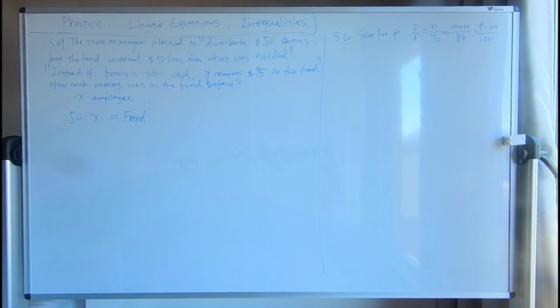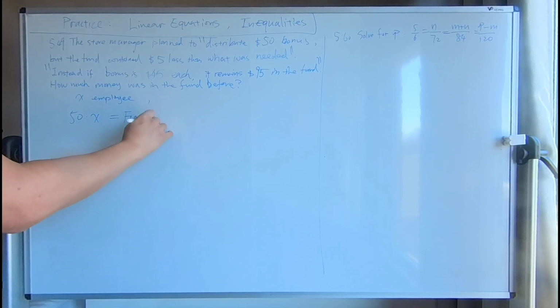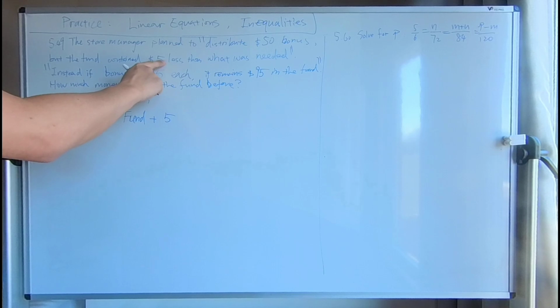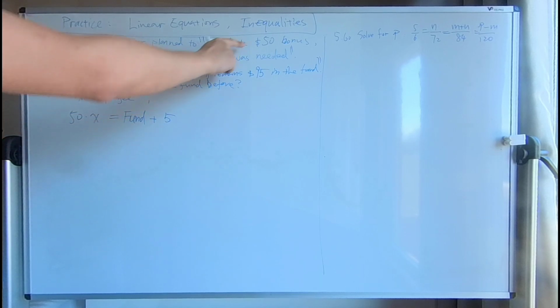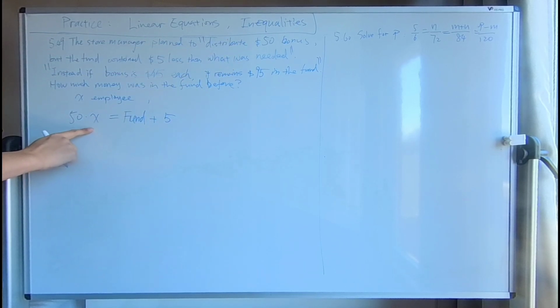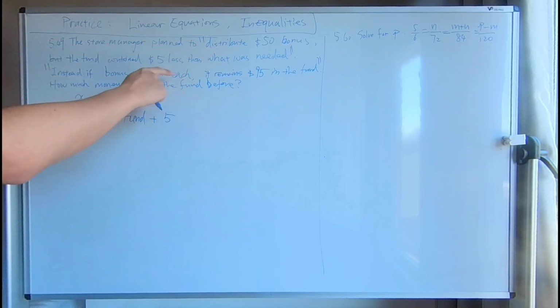Later on, the total money in the fund will be the common quantity to help you build the equation. So my fund needs to add $5 more in this way of distribution, otherwise it would have $5 less. So this is the first fact.